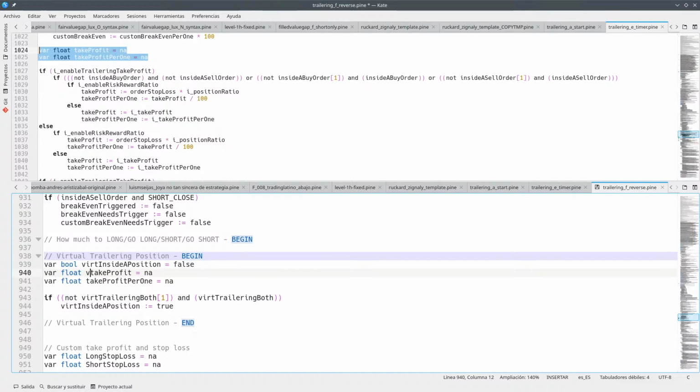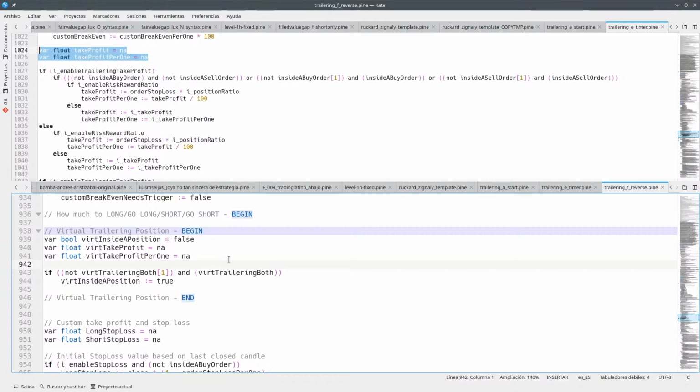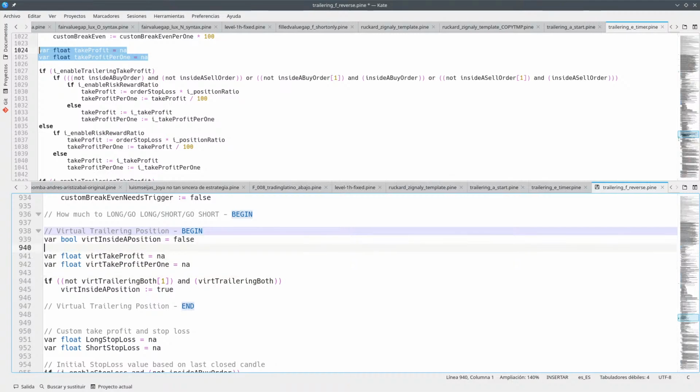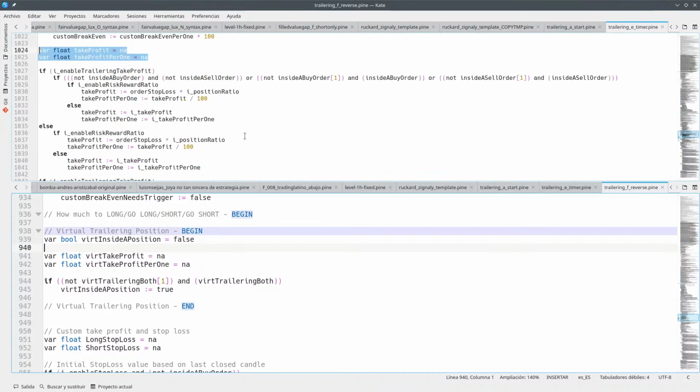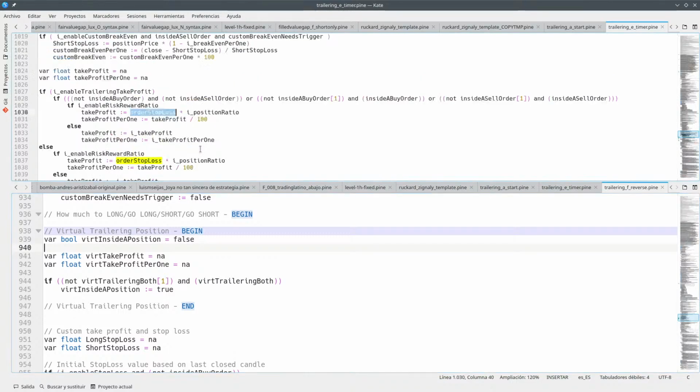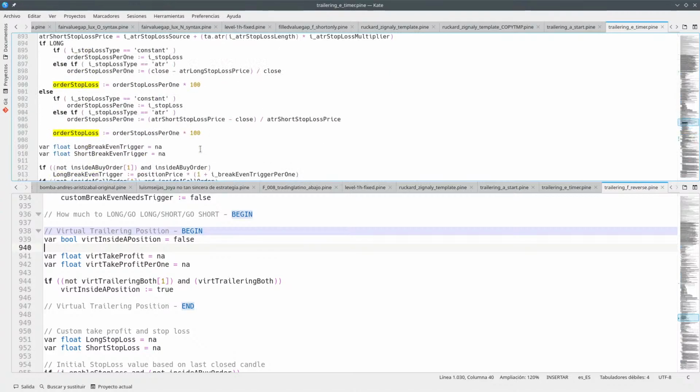These are virtual values because this is not true. These are the trailering ones, which are virtual, but let's name them virtual so it makes sense that these are virtual values. These values are calculated here, so we are going to calculate them right now. First of all, we need this order stop loss with this ATR.